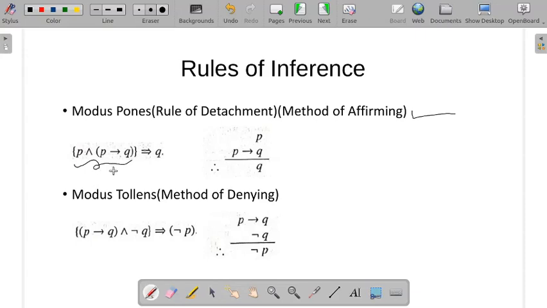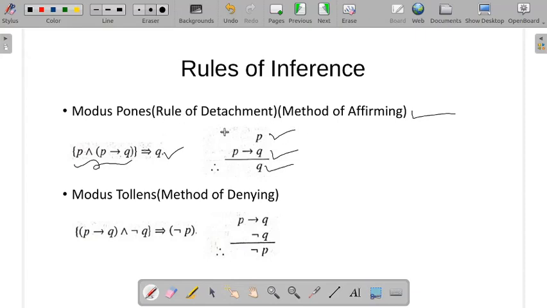If P and P conditional Q are true, then Q is true. Written in a vertical form, P and P conditional Q are true, therefore Q is true. So this is modus ponens.